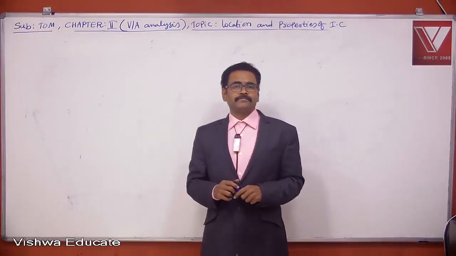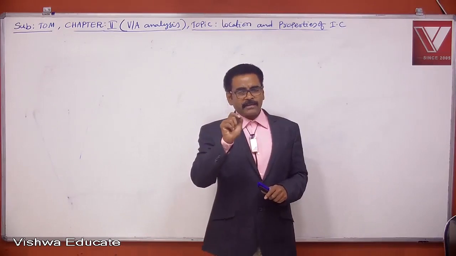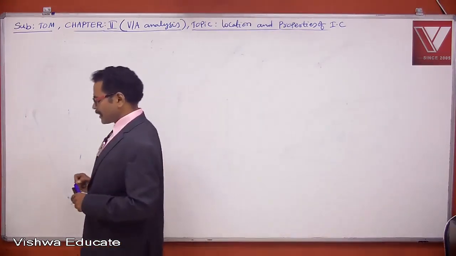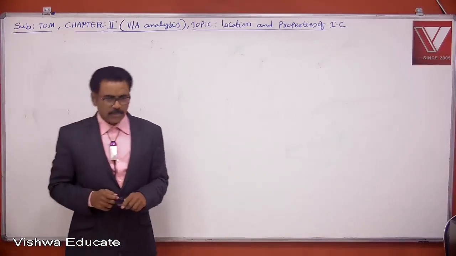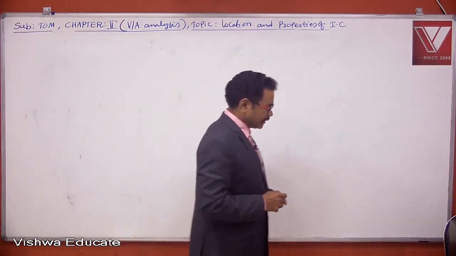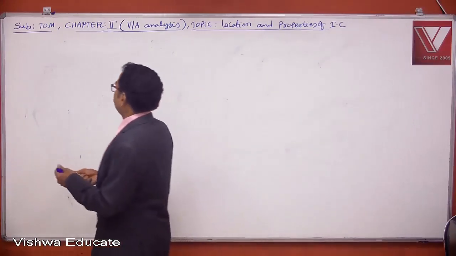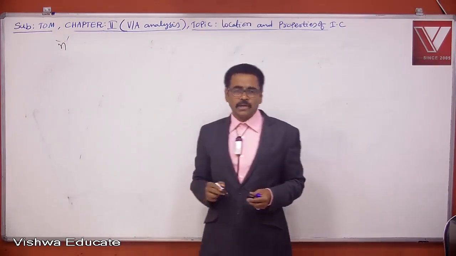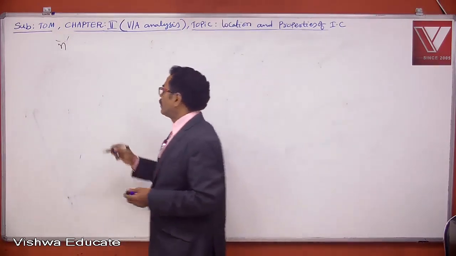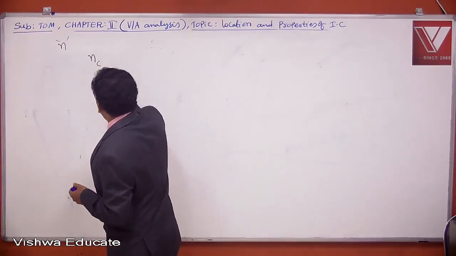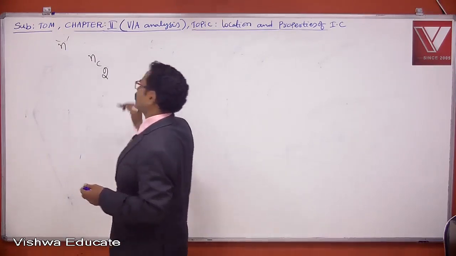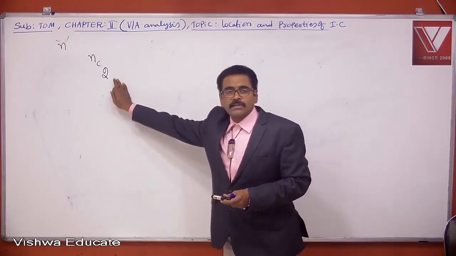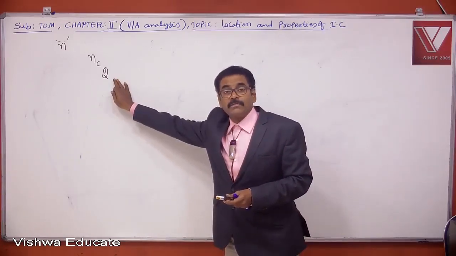Next point. If a mechanism carries n number of links, NC2 number of pairs could be formed.